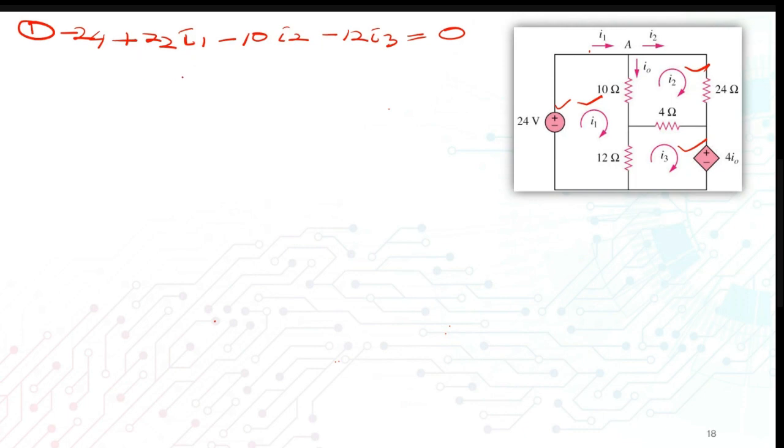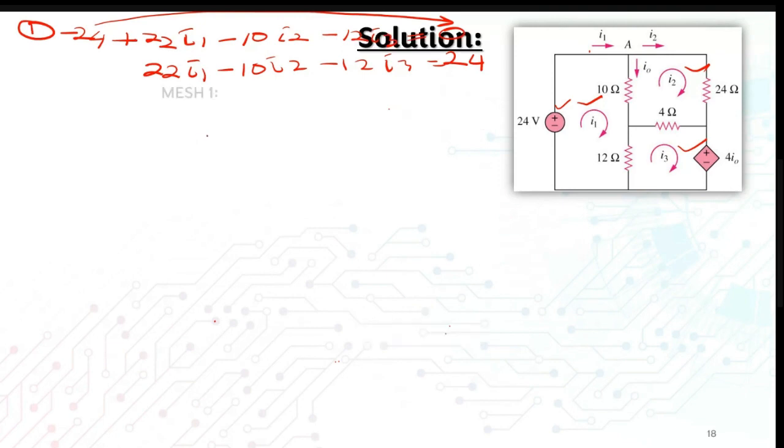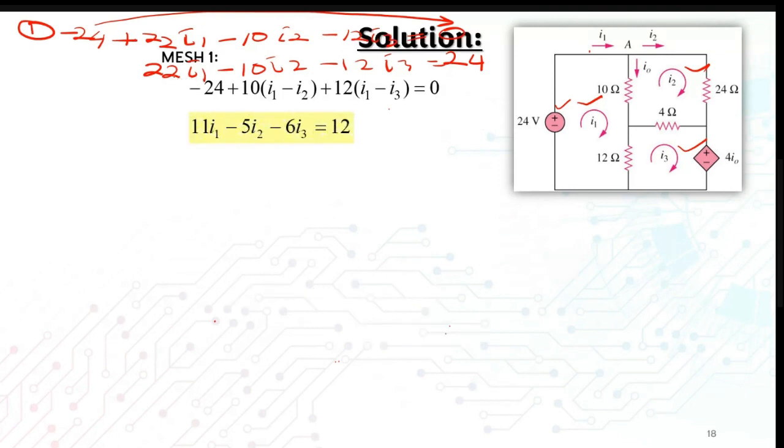You might want to rearrange this, where you have 22 I1 minus 10 I2 minus 12 I3, then bring this 24 to this side, so you will have 24. If you see this equation, you can simplify it. You might divide it by 2, so divide all of this by 2 so that you get your first equation.